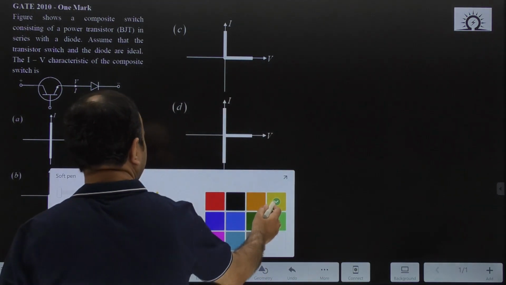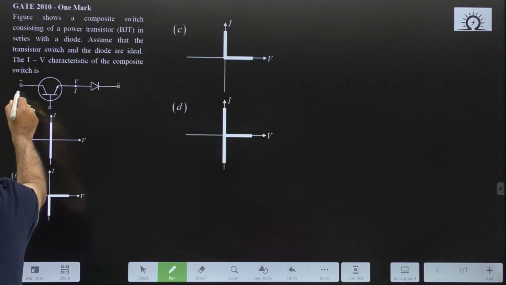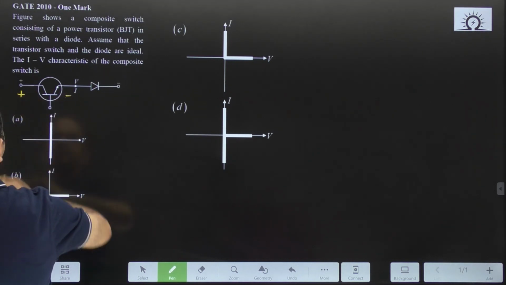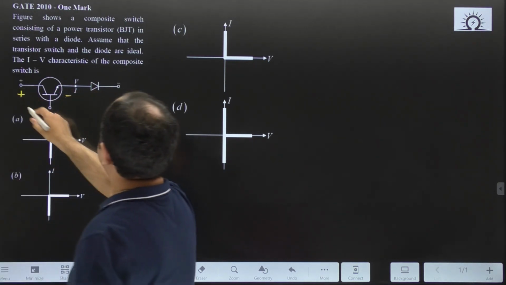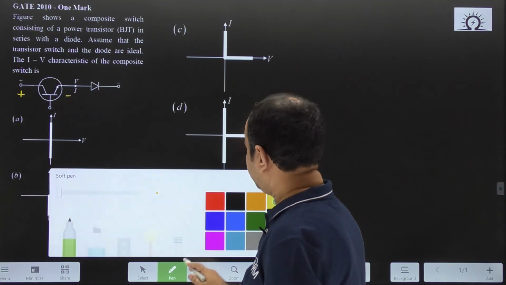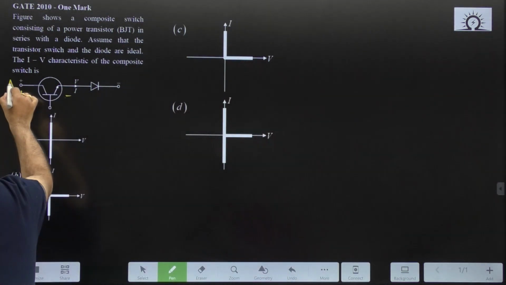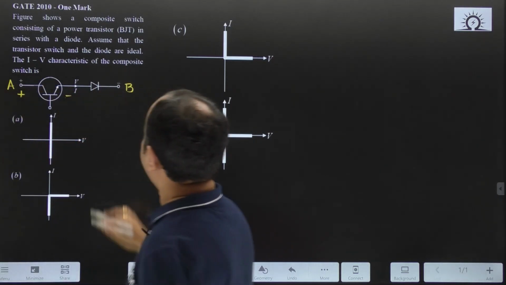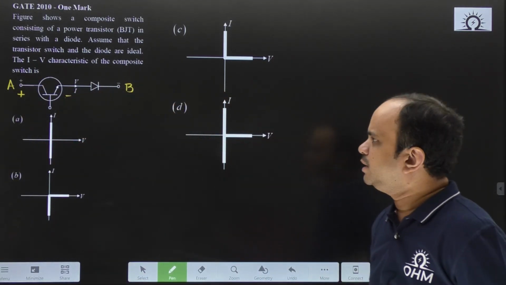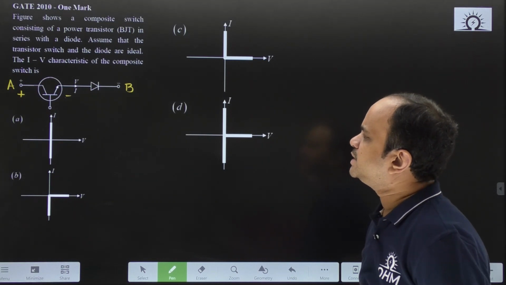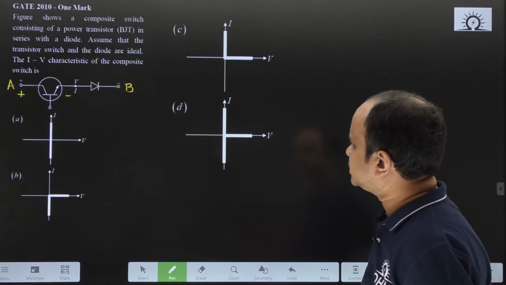So, for example, if I give positive terminal here, then what happens? This transistor will block positive voltage. Say for example, this is a terminal A and B. Across the terminals A and B, the transistor will block that positive voltage.